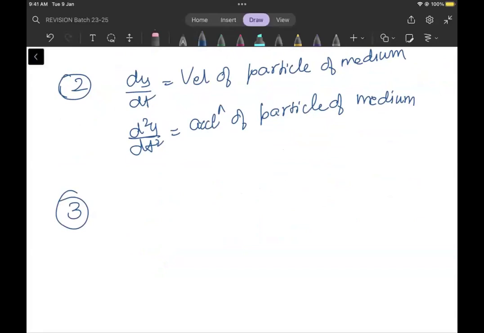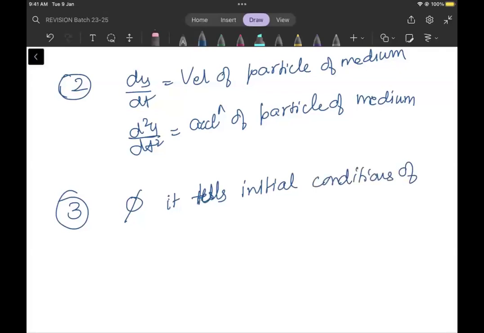now we come to the phase of the wave, phi. The reason why we have phi in this is that it tells us the initial conditions of the wave and the medium.